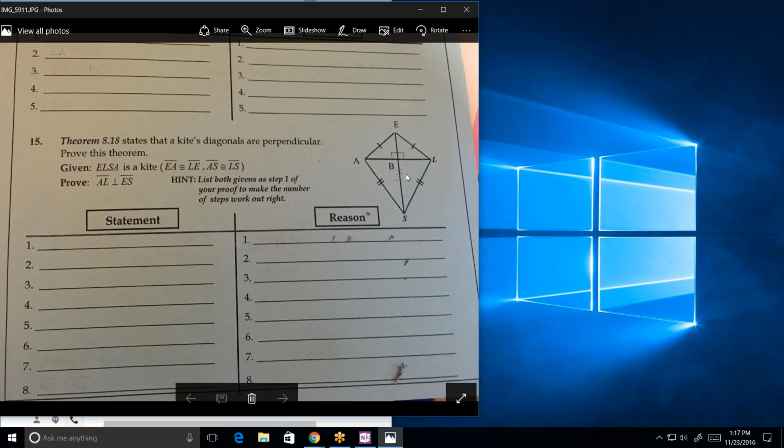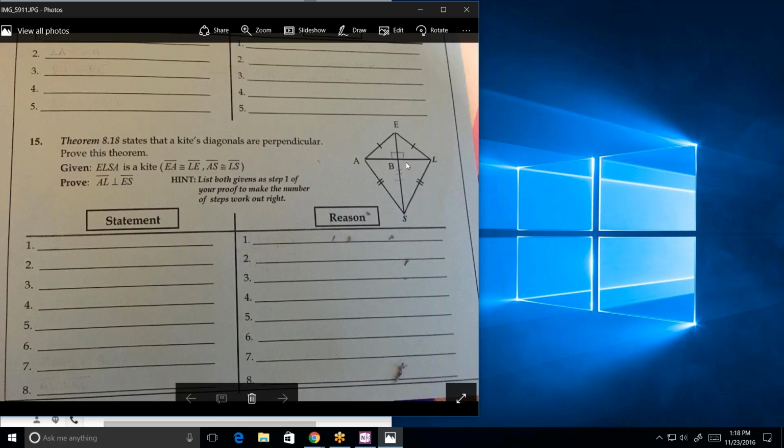In other words, angle ABS has to be equal to angle LBS. Based on what? CPCTC. Corresponding parts of congruent triangles are congruent. These are the two corresponding parts of these two triangles, so we know that angle ABS is congruent to LBS based on that.